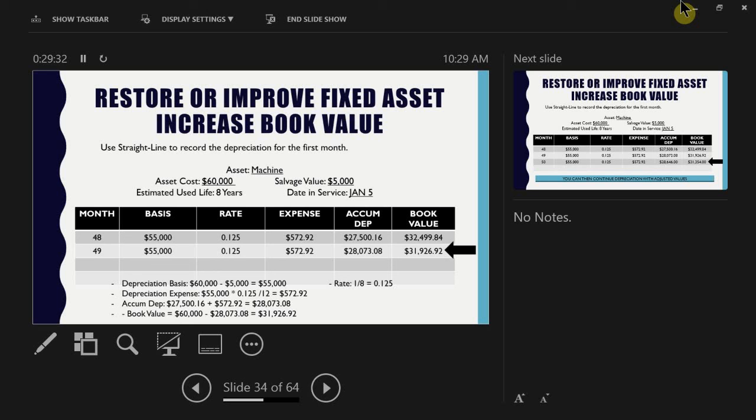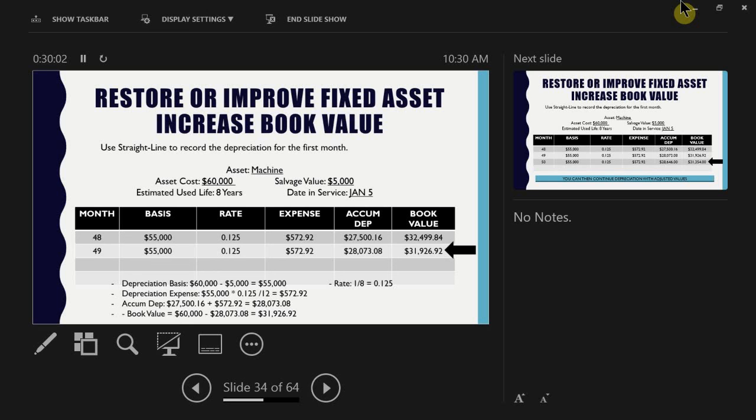So that means every single year I'm going to depreciate, or every single month in this case, I'm going to depreciate my asset at $572.92. So then by the end of my 49th month, I should now accumulate to $28,073.08, which brings my book value to $31.08.